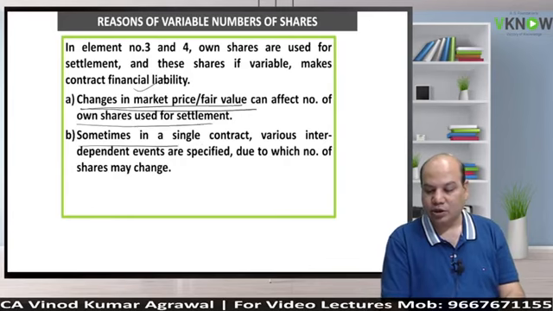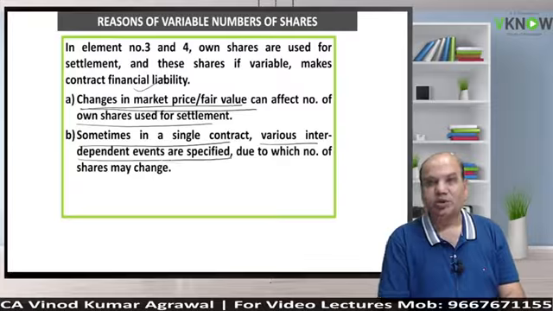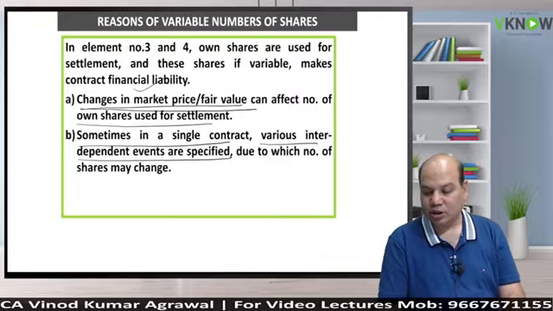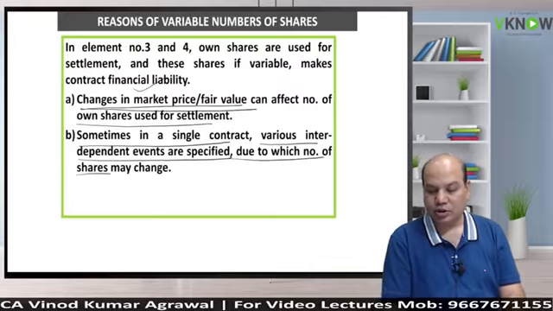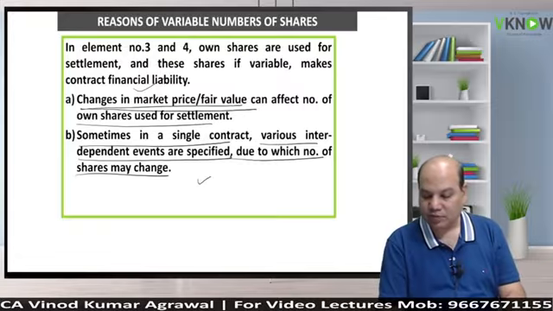Sometimes in a single contract, various interdependent events are specified, due to which the number of shares can change. So they may say, if this happens, 10 share will be issued. If this happens, 15 share will be issued.